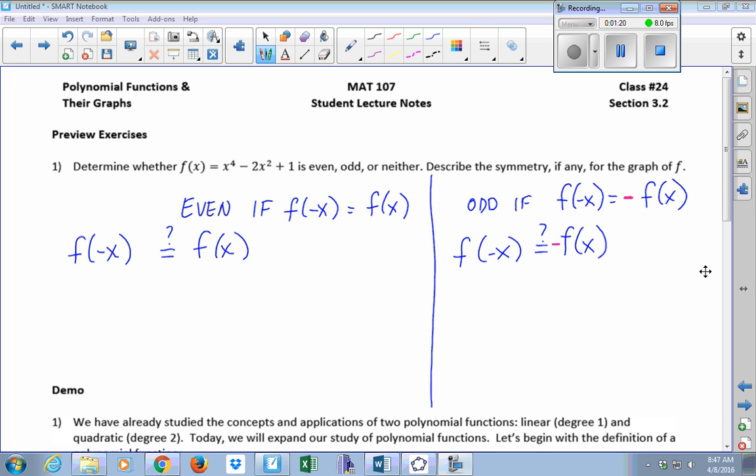So what are the parent functions that you might think about, Felicia, that would have an even exponent and an odd exponent, the basic ones that might help you recall this? What's the first one that comes to your mind when you say even exponent? The easiest one. X squared, right.